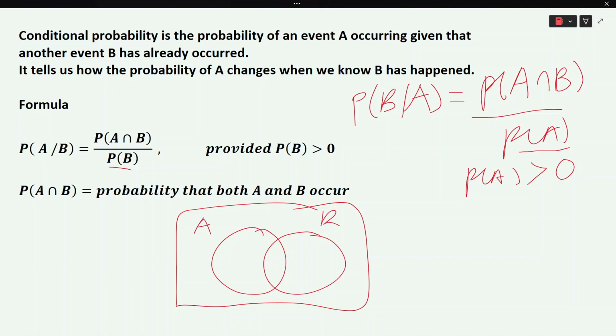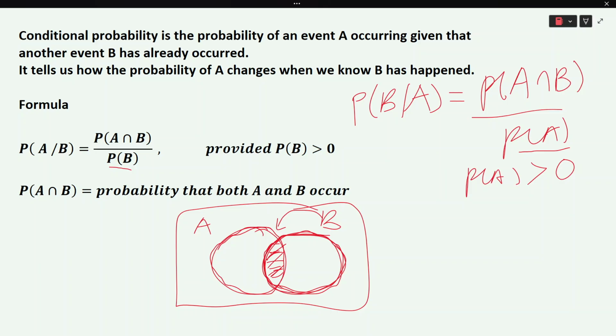I have circles A and B, and here is the probability of A intersection B. Our main focus is, to find the probability of A given that B has occurred, we are trying to find what portion of A is in B. Also, if you have to find the probability of B given A, meaning that A is given, what portion of B is in A?